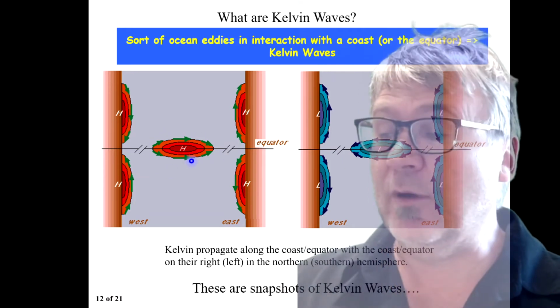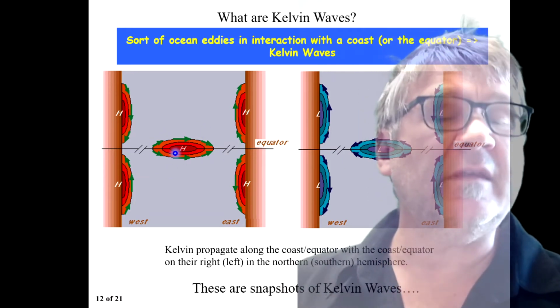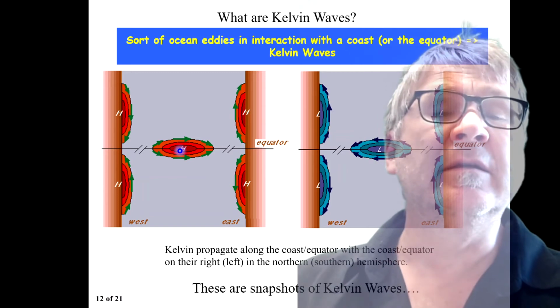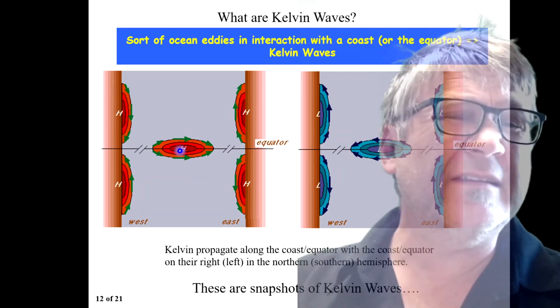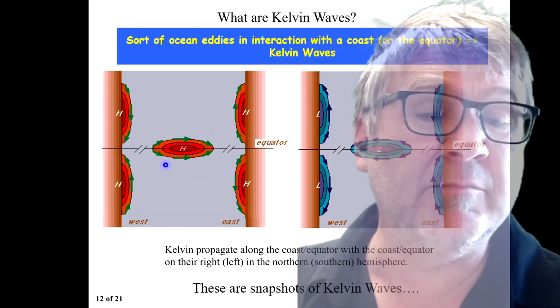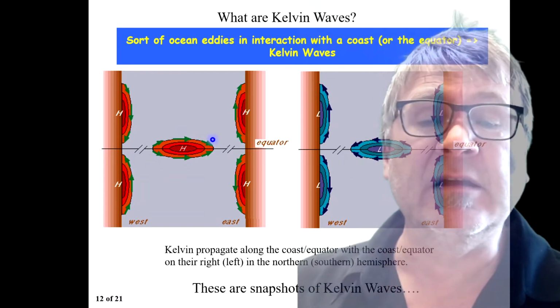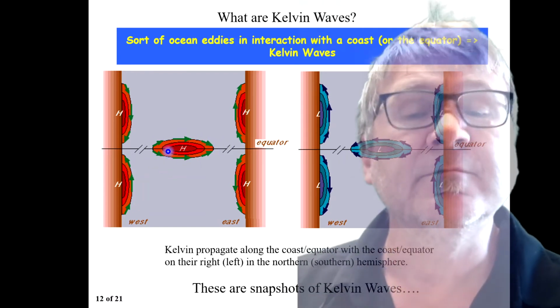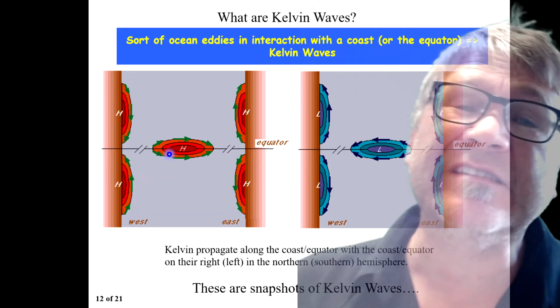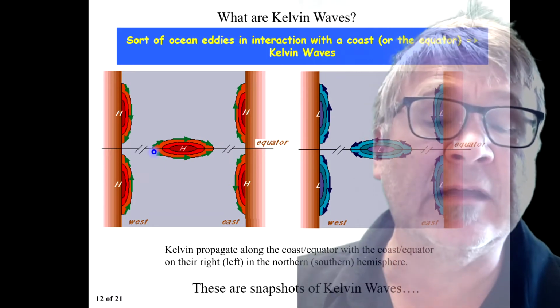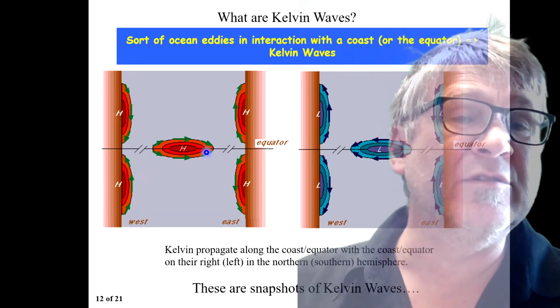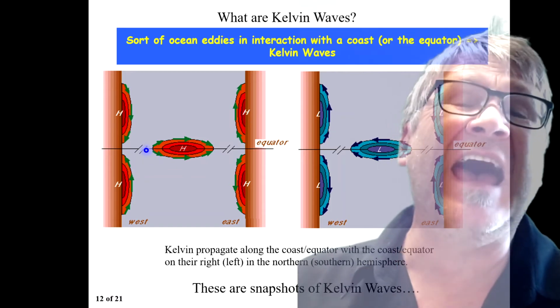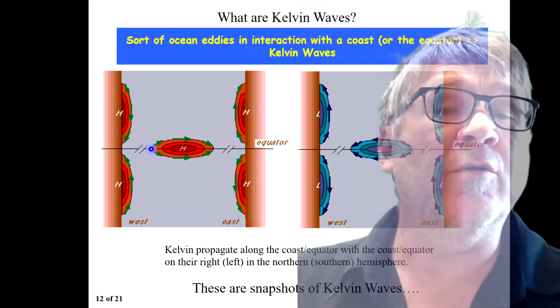What happens near the equator? Look at this. Near the equator, you get a weird type of system where indeed you can produce a high pressure anomaly along the equator, but the geostrophic currents are a little bit weird. At the equator directly, there's no Coriolis force, but within 100 kilometers or so, this already kicks in.